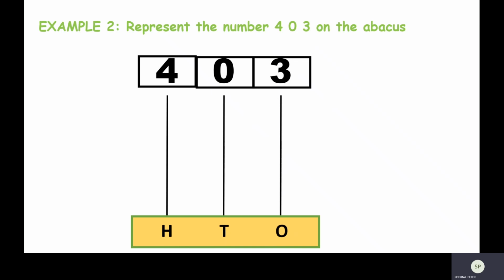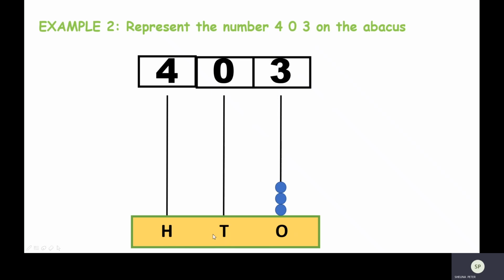Now, what is the final rule? You have to represent this number using beads. So we'll start from the 1's place. How many beads will we use to represent the 1's place? Yes, we will use 3 beads. Let us count. 1, 2, and 3.